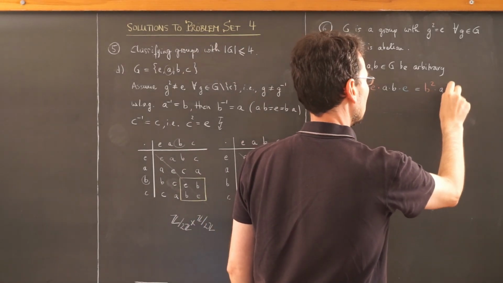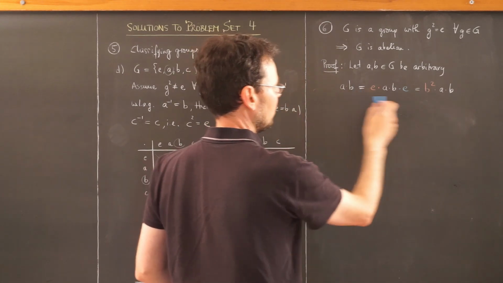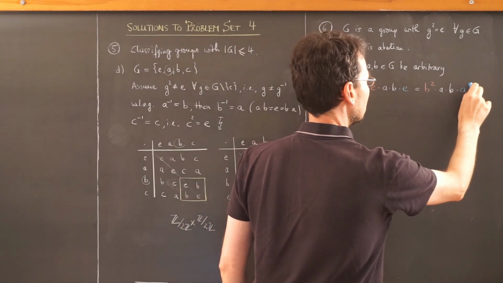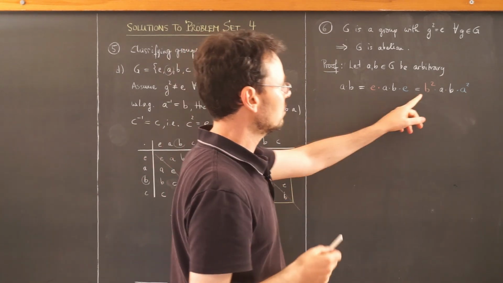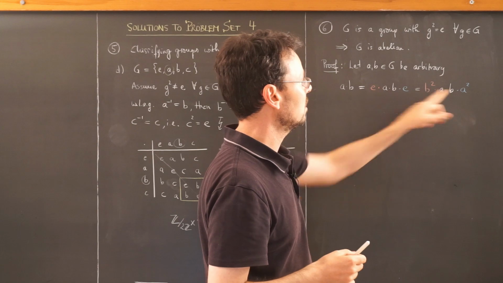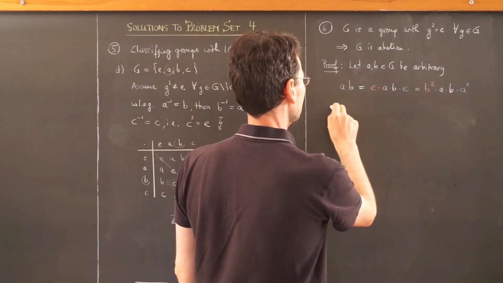So then ab, and here in the end we want to have a, so we write this identity as a squared. All right. So this is true because b squared is the identity and a squared is the identity by assumption. Now what do we get?